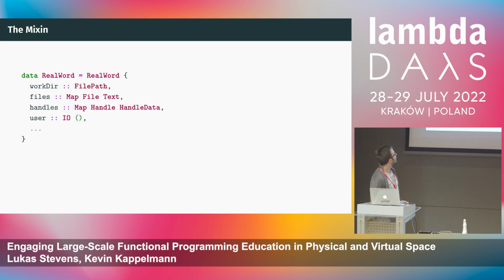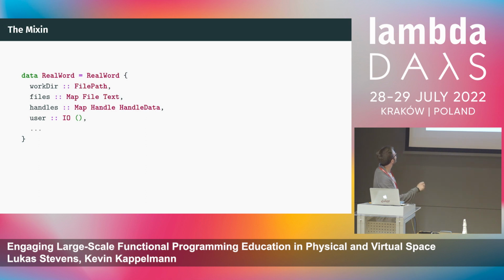How we do this is we have a representation of the real world, and the real world, of course, consists of things like the current working directory, all the files in the file system, the handles like standard out and standard in, and all that kind of stuff. And there could be even more, like the network, and the state of the random generator, and it goes on for a bit, so that you can completely transparently mock the whole I/O monad.